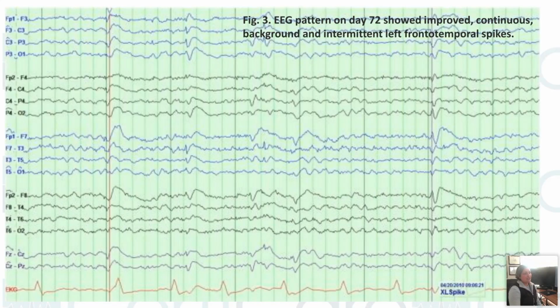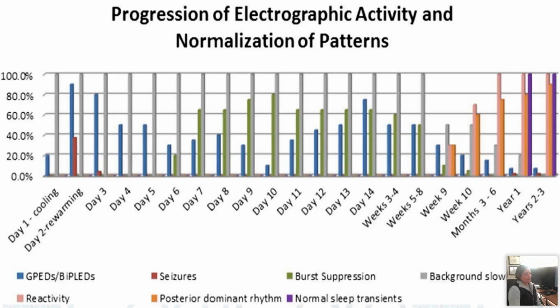Okay, this is day 72. There are still left frontotemporal spikes. Background is continuous now with sporadic periodic discharges. Okay, this is the entire 3 years of this particular patient, how the EEG has changed. Depending on your screen size, you can see the colors.